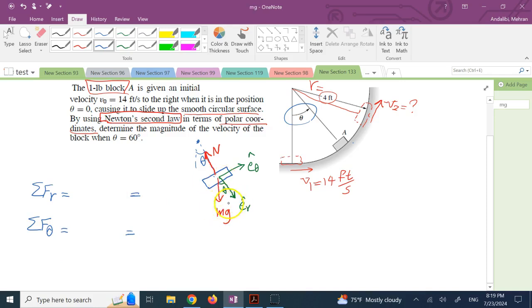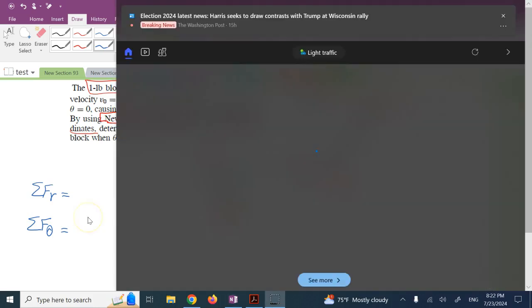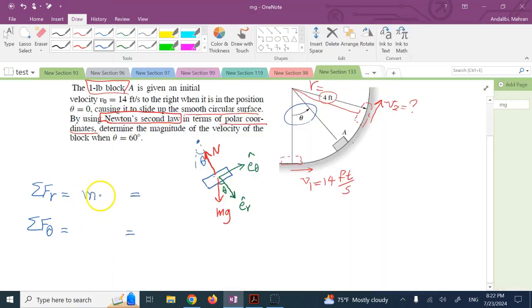Clearly, mg has an r component, and so this one is going to be mg times cosine of theta, and it has a sine component but in the negative e theta direction. So it is going to be mg times sine theta with a negative sign. Let me add that here. And n is in the negative r direction, so like this.